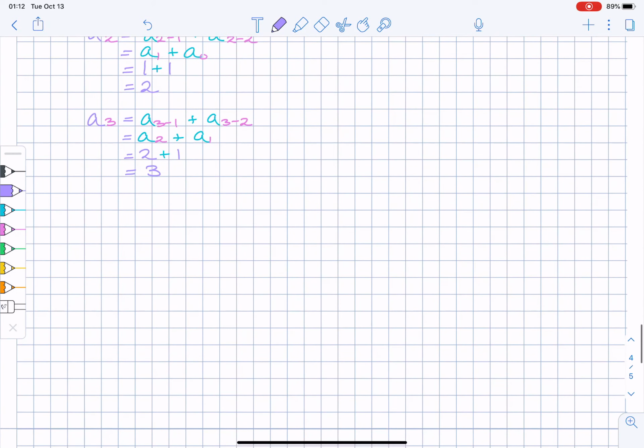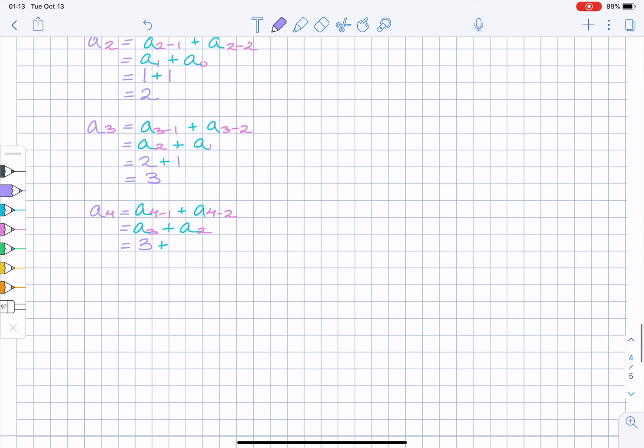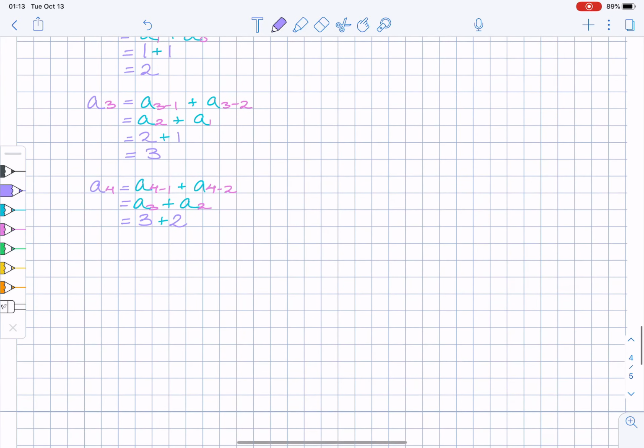Let's see. So a sub 4 is going to be a sub 4 minus 1 plus a sub 4 minus 2. So we end up with a sub 3, to which we're adding a sub 2. Okay, so we just found out that a sub 3 is 3, and we're going to add to that a sub 2, and from the above, a sub 2 was 2. So no, we get 5, not 4.